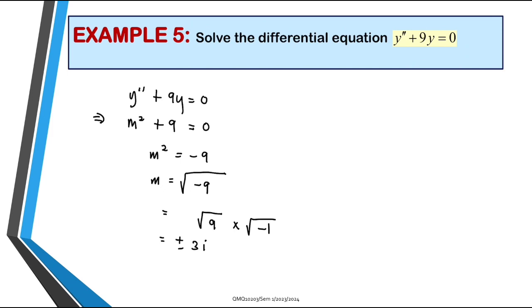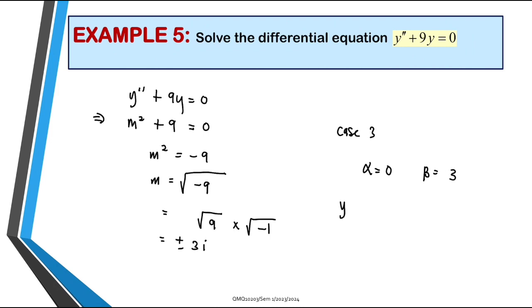So this is the case number 3. So case number 3, we have a complex number. So we have here alpha equals 0, the real part, and the imaginary part, which is beta, equals 3.